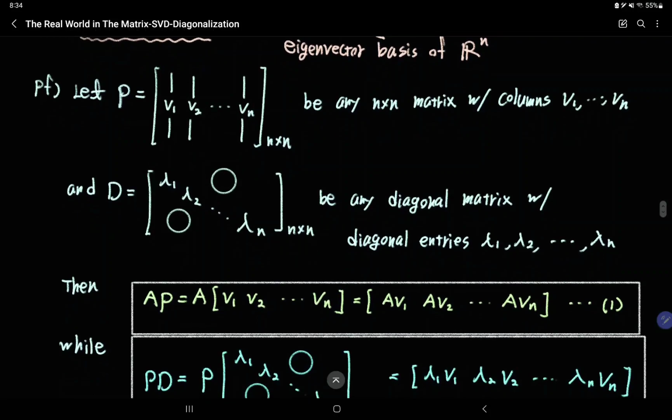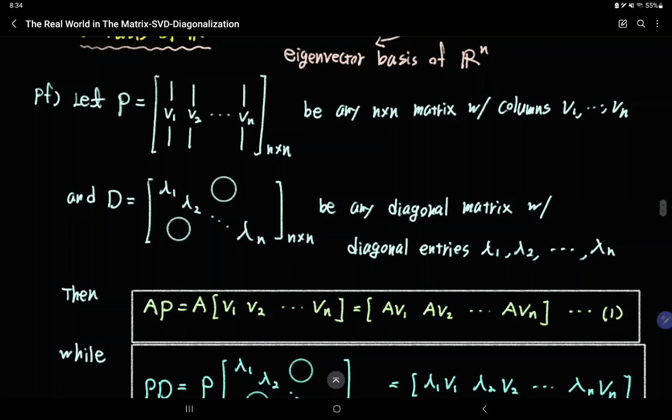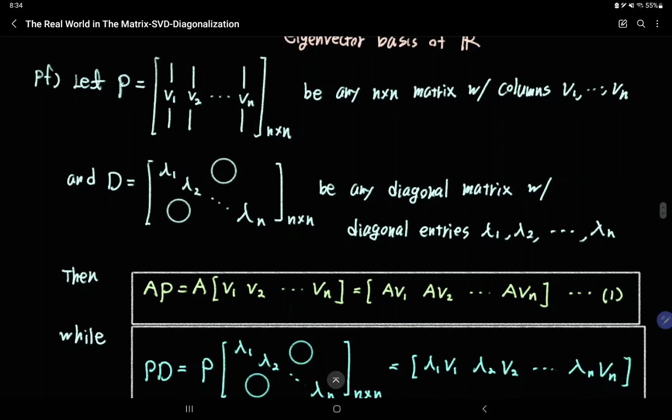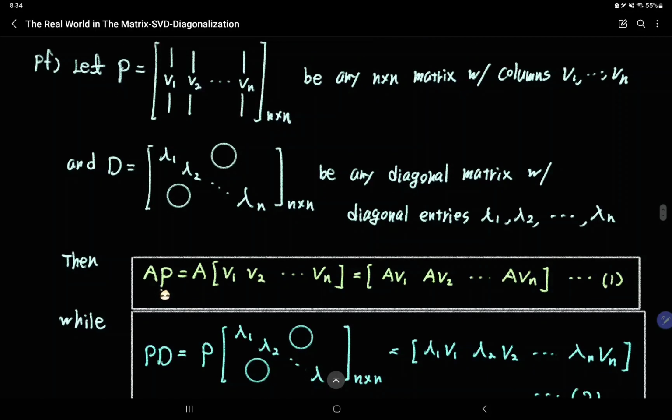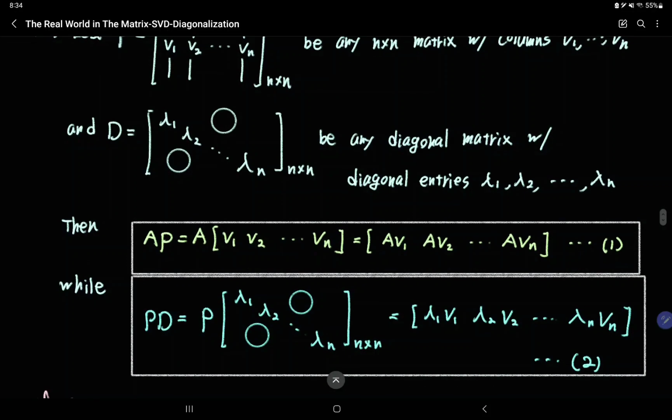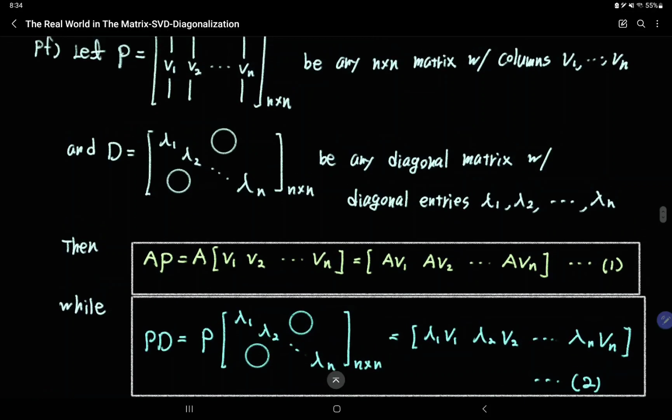So first, for any n by n matrix P and any diagonal matrix D, A times P can be expressed like this: Av1, Av2, through Avn, right? I hope that you are familiar with the basic matrix operations. And then P times D is also what?